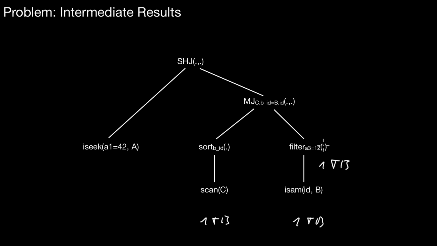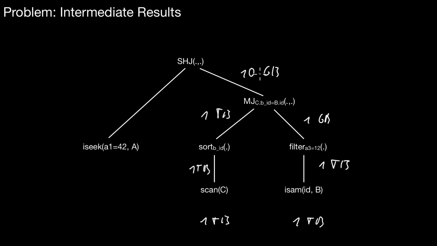Only here we filter, and then depending on the selectivity, let's assume maybe we only have 1 gigabyte of data here. Here, scanning returns 1 terabyte, of course. Sorting doesn't change the size of the data. There's another 1 terabyte being passed here. Then the merge join here depends on the selectivity of the join operation. Let's hope for the best. Maybe it's just like 10 gigabytes that are passed up here, but still that's a lot of data.